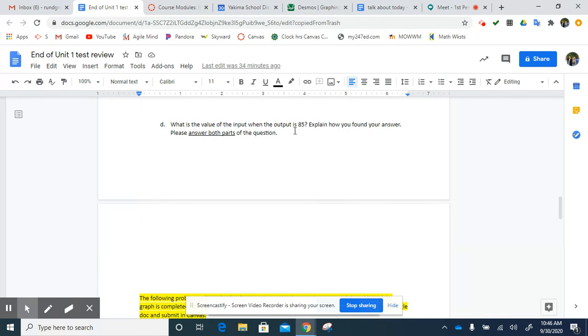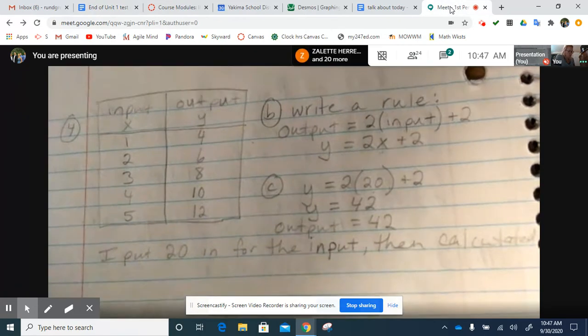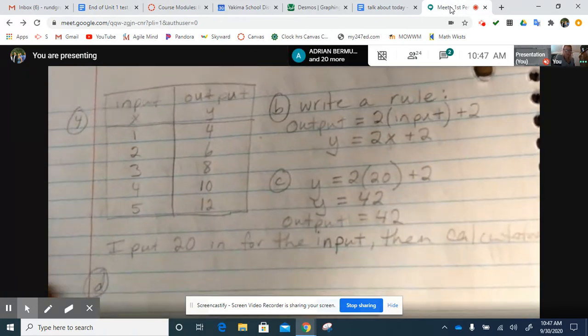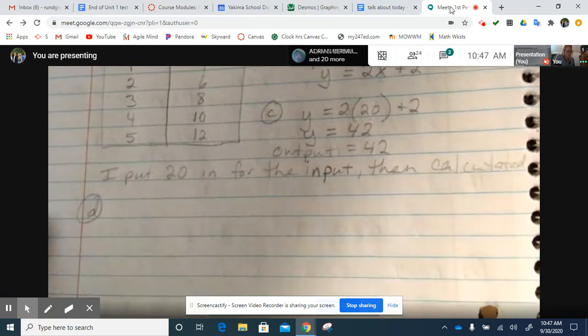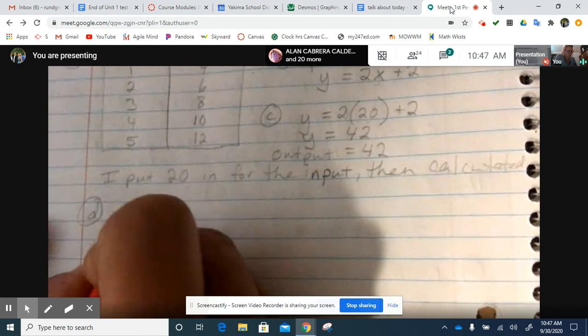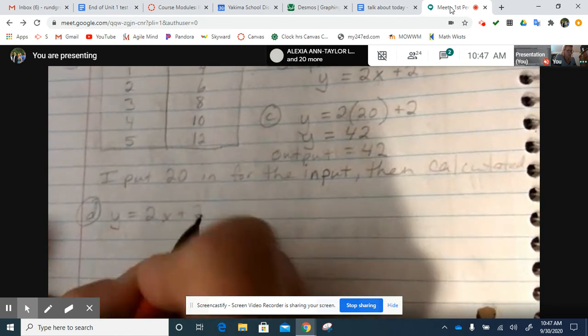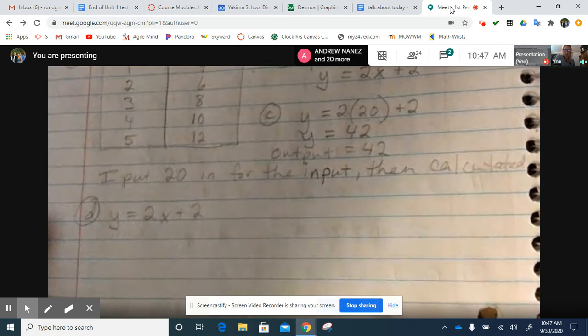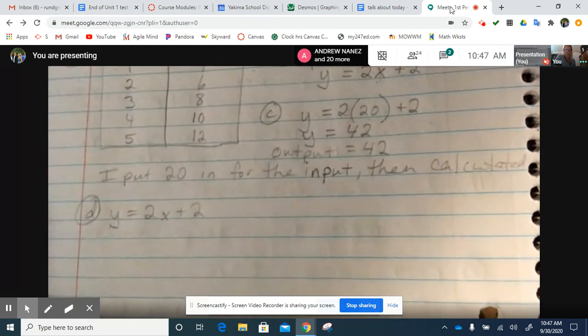Okay, so this time we have the output. Output is 85. All right, so for D, we can take our equation, y equals 2x plus 2, and we know the output is 85. Where would I put the 85?